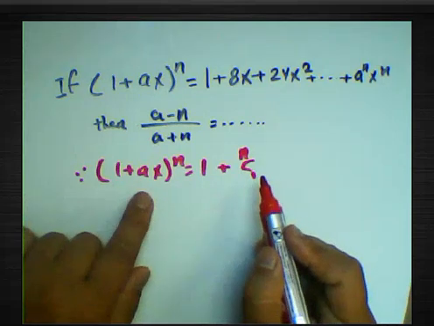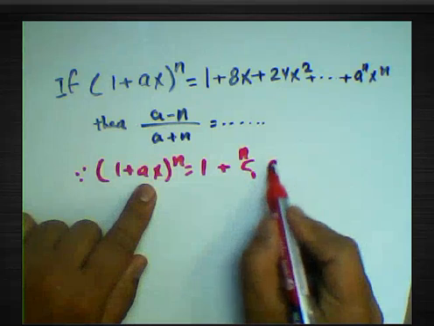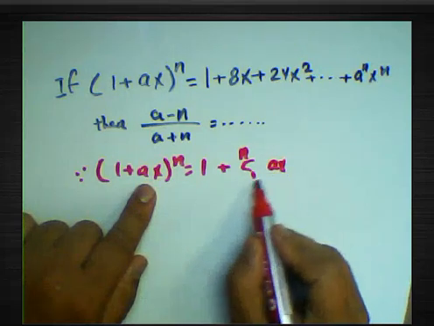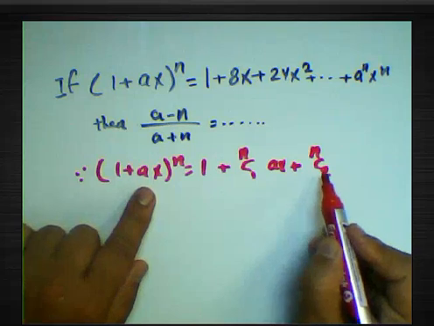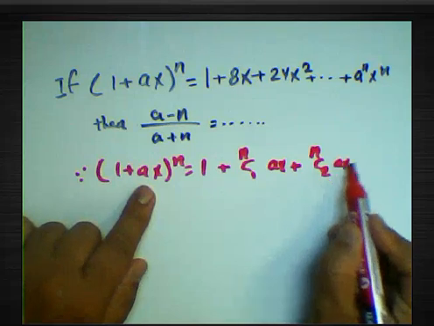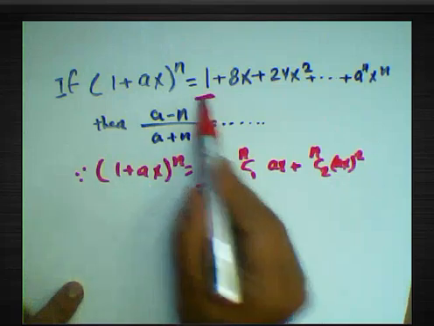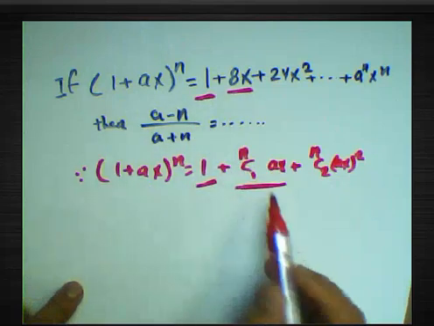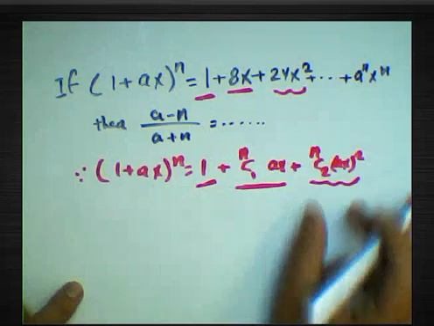The second term we can write as ax to the power 1, plus n coefficient 2 combination 2 ax all power 2. And we must compare: 1 equals 1, 8x equals this term, and 24x power 2 equals this term.